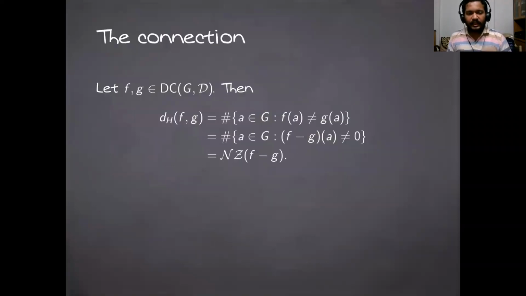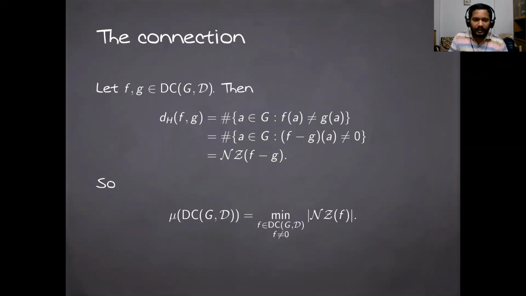So this is the connection. Given any two code words in a downset code, the Hamming distance between these two as vectors in that subspace is exactly equal to the set of non-zero points of the difference. By nz, I mean the complement of the zero set of this polynomial. So all we need to know is the corresponding quantity in terms of non-zero sets that corresponds to the minimum distance.